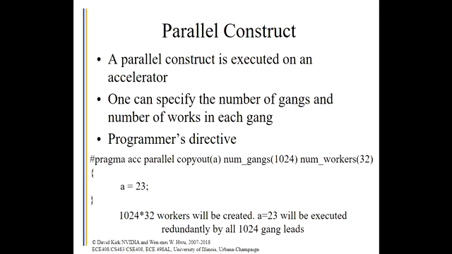The important part is that whenever you delineate a region to be parallel, there's a very simple, important semantic. Whatever non-loop statement appears in that region will be executed redundantly by all the GANs and all the workers.